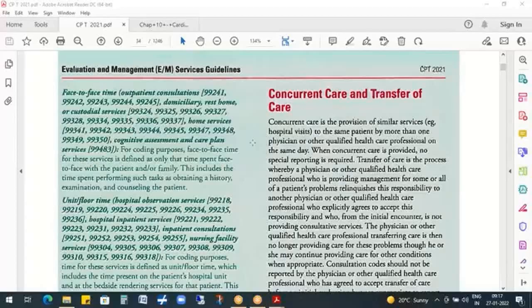Clearly they documented similar services provided by physicians on the same day for the same patient. That is concurrent care. What is your doubt here, Anupama? First three lines. See, two physicians are providing similar service to a patient in a hospital. That is concurrent care.